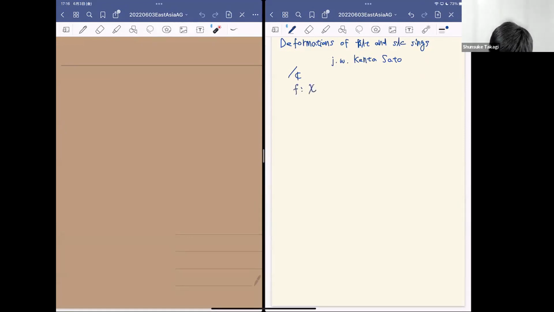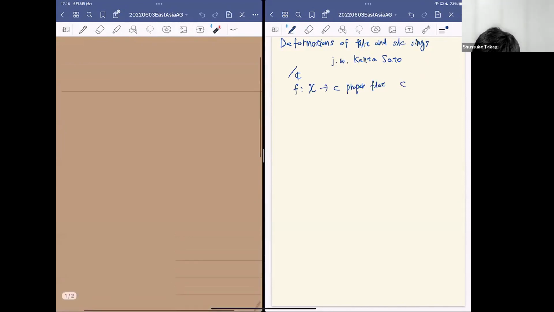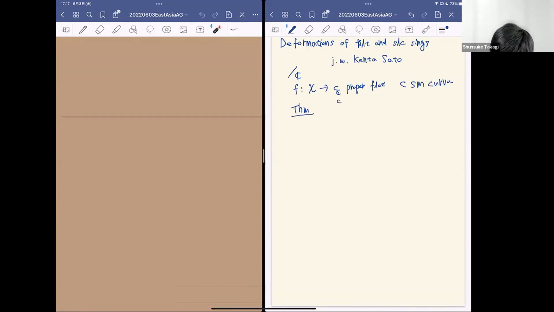So we consider a proper flat family, and at the moment I assume C is a smooth curve, and small c is a closed point of C. Then the following results are known. The first result is due to Nakayama-Kollár.